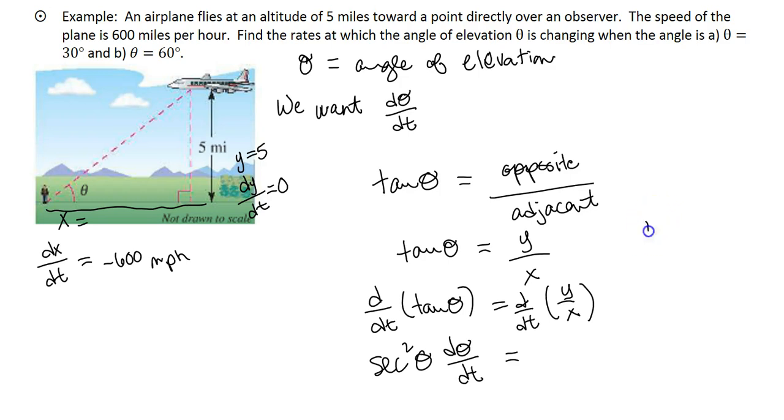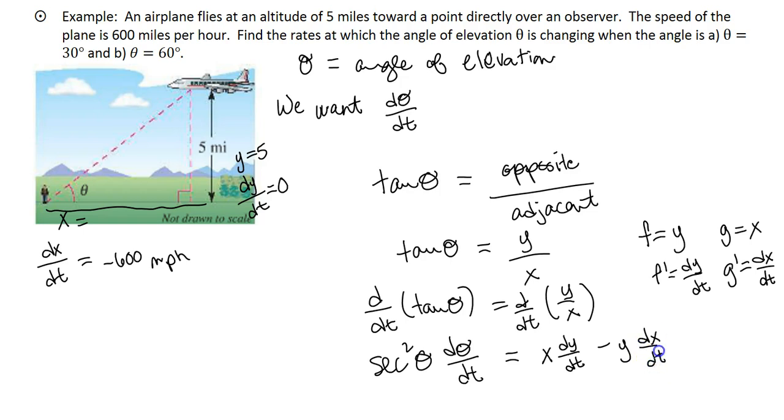So if my f here is y, that's the top, and my g is x, remember these are functions of t, so f prime would be dy over dt, and g prime would be dx over dt. So using the quotient rule, low d high minus high d low over low low, we get x times dy over dt minus y times dx over dt divided by x squared.